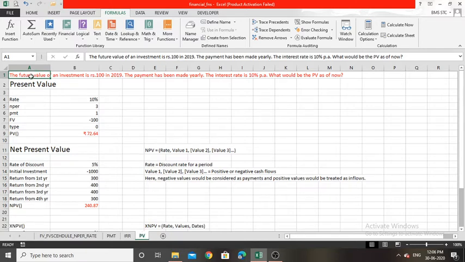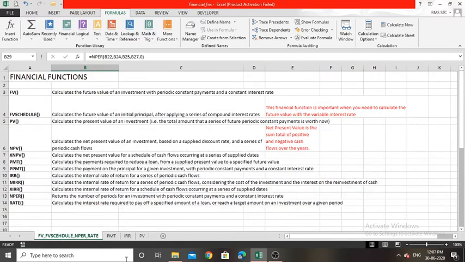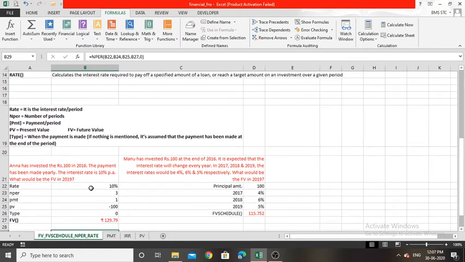So here is a question. The future value of an investment is rupees 100 in 2019. The payment has been made yearly. The interest rate is 10% PA. What would be the PV as of now? We use the same values that we used to calculate future value.